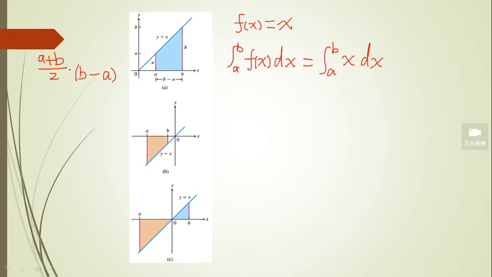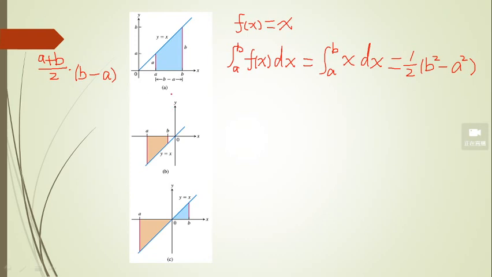What is this one? (b plus a) times (b minus a), times 1/2, is 1/2 (b squared minus a squared). Right? Use the algebra formula. So what is the area for this one? Of course, it's this one.